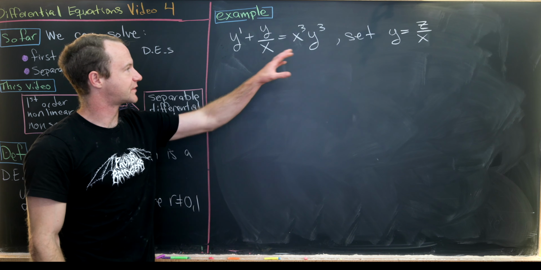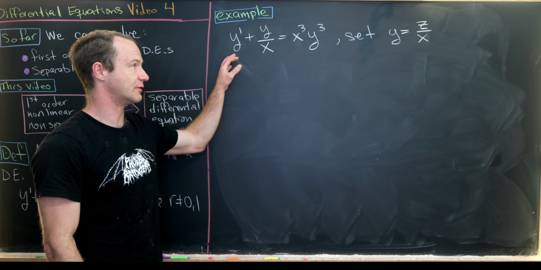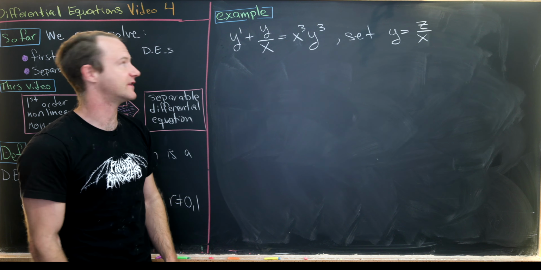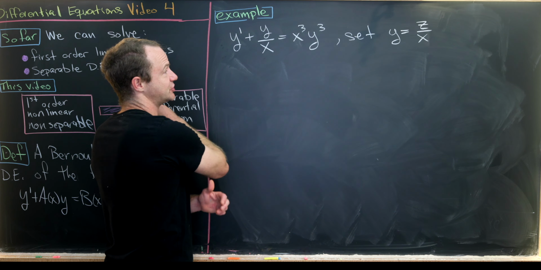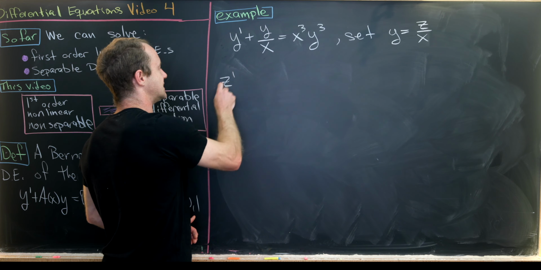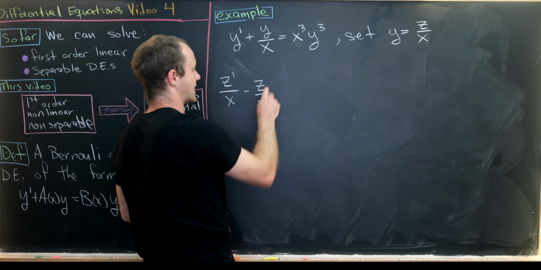So let's do that. Okay, so now substituting y equals z over x into our differential equation, keeping in mind that z is a function of x, will give us something like this. So y prime will split into two terms. We'll have z prime over x minus z over x squared.